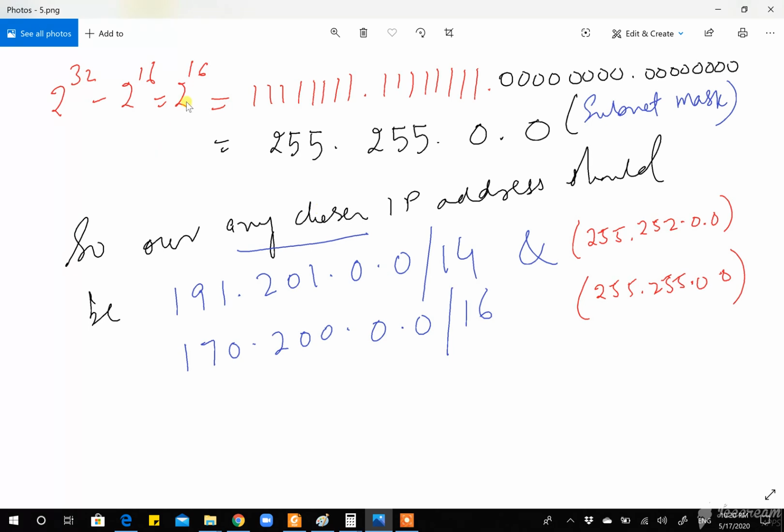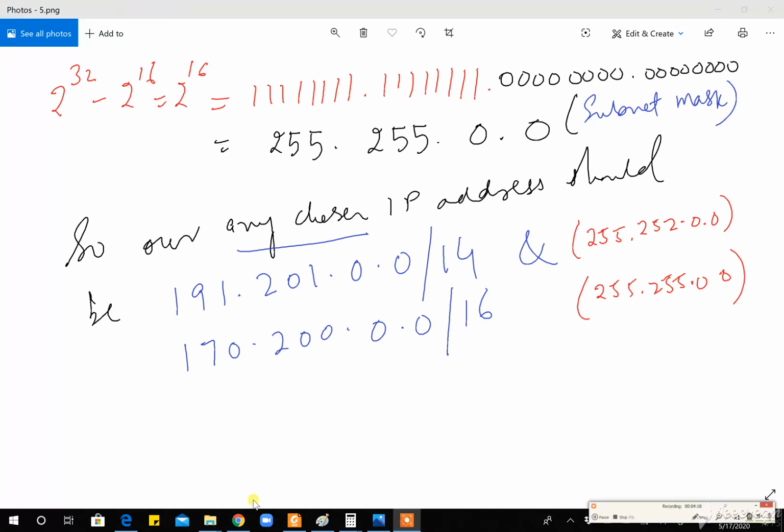For the second one, 2 power 16, the subnet mask is 255.255.0.0. You can choose any number of IP addresses, but their subnet mask would be 14 for one and 16 for the other.